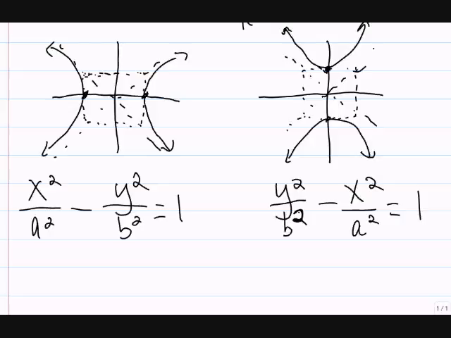These hyperbolas have a vertex, and this distance from the center to the vertex is going to be a, on the ones that are oriented horizontally. Of course, we have a vertex for the other ones too.